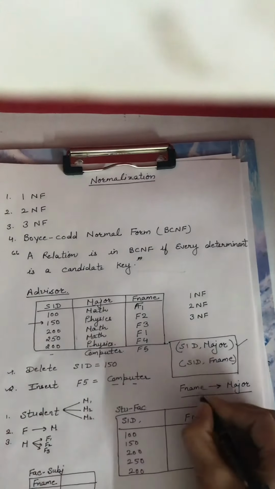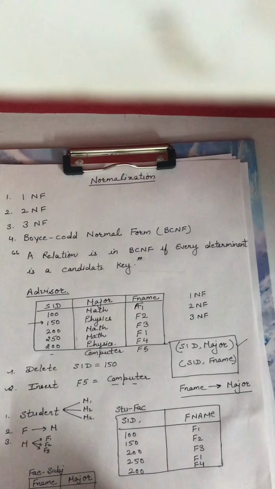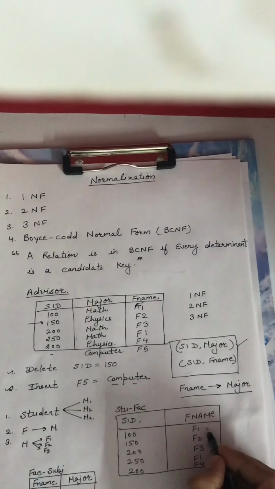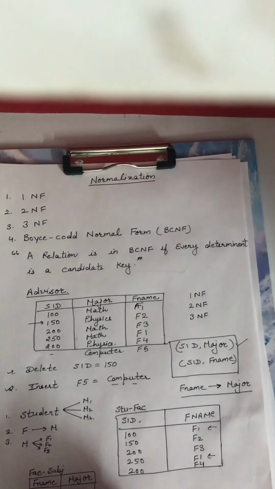F name, major, according to this dependency. We have four faculty, F1, F2, F3, F4. In this table, faculty name is the key. So we don't need to insert the F1 record twice in this table.